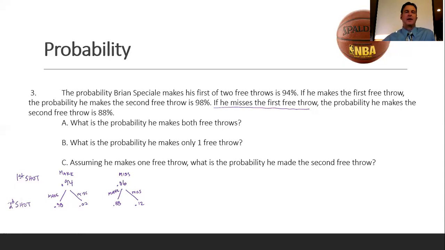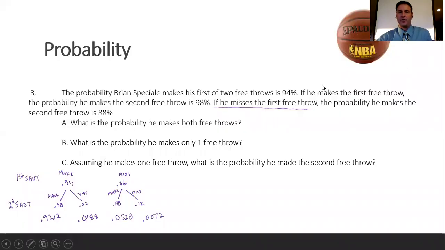Multiplying the 0.94 times the 0.02 is the probability that he would make the first and miss the second. What happens with the second free throw is determined a little bit by what happens in the first, and that's why we have these different percentages. So if you don't mind, take a moment, pause this, and make those calculations for those 4 possible outcomes, and then we'll see if we have the same thing.